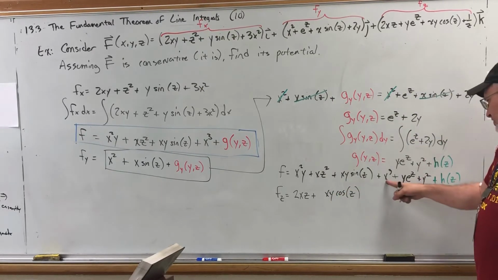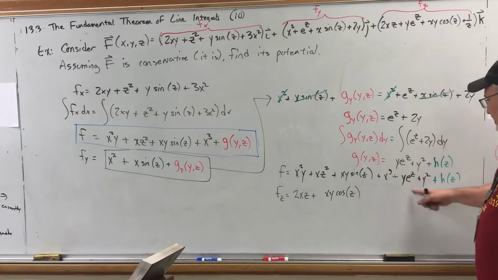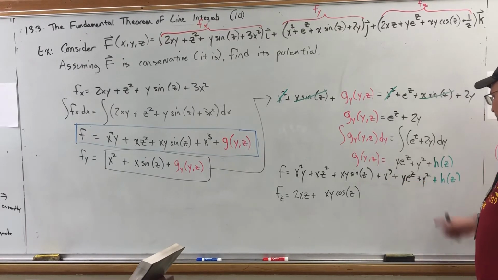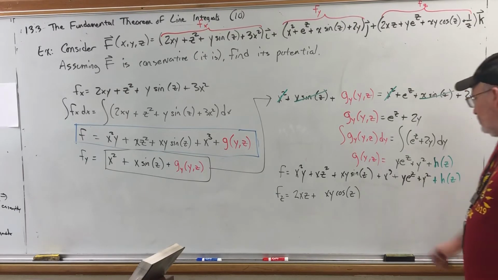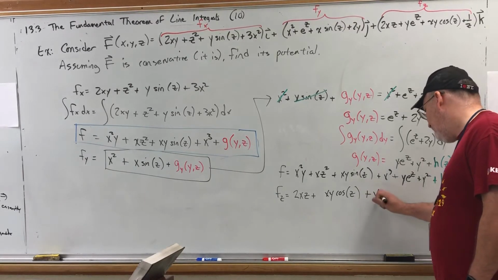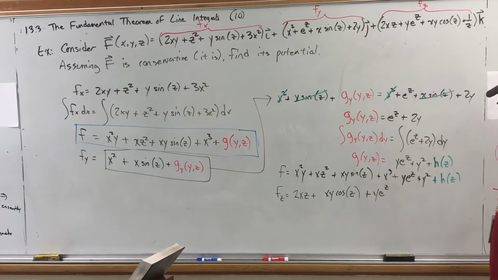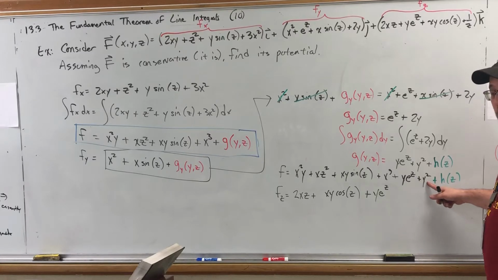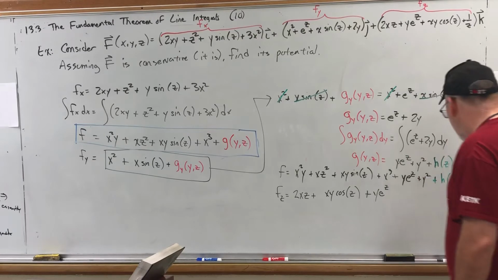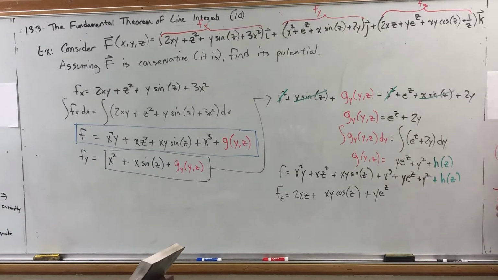This has no z, so its partial derivative with respect to z is 0. This has a z, the y is like a constant, so the derivative of y e to the z is y times e to the z, since the derivative of e to the z is e to the z. The partial derivative of y squared with respect to z is 0, so it's gone. And now we take the partial derivative of h of z with respect to z.